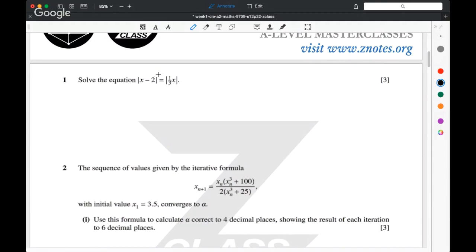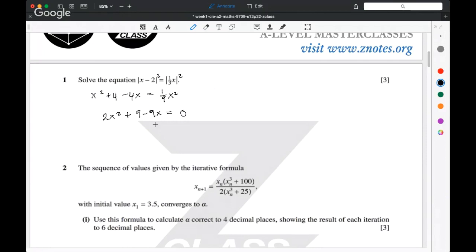So if I square both sides, I will get x squared plus 4 minus 4x, and that's equal to 1/9 x squared. Then I multiply everything by 9 and rearrange, and I will get 2x squared plus 9 minus 9x is equal to 0.